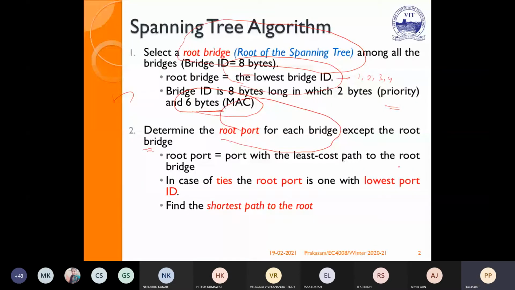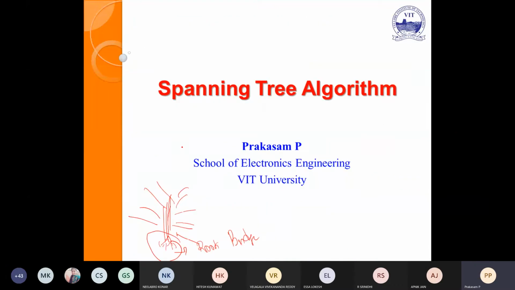Let us consider a network connected like this. Maybe this is LAN 1, LAN 2, LAN 3, and LAN 4.